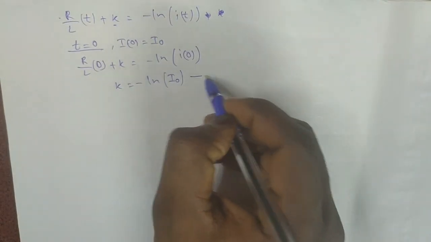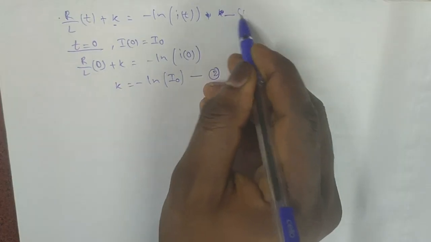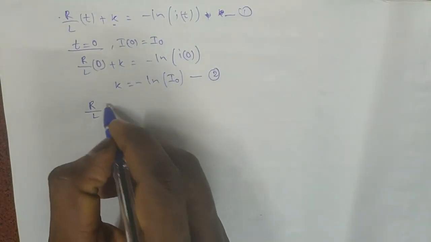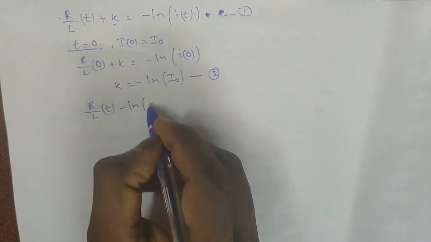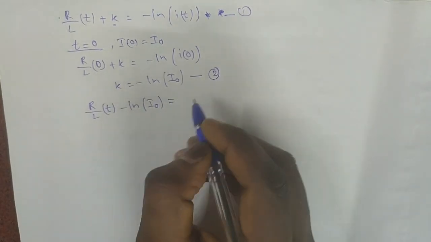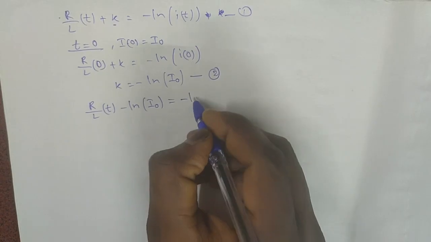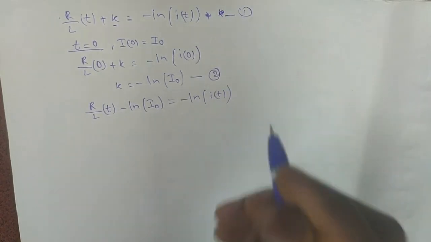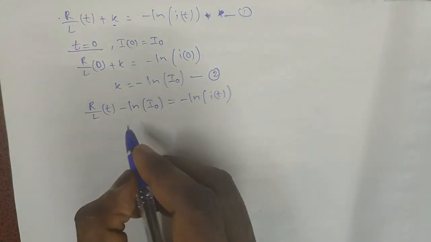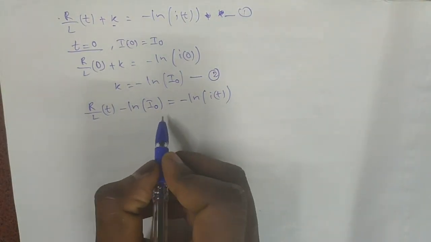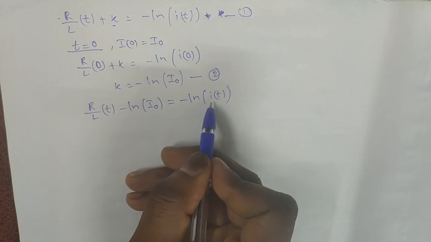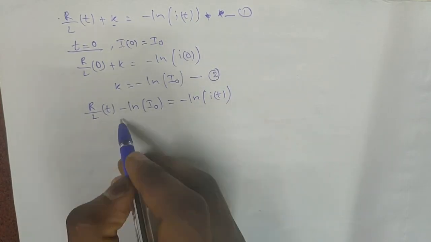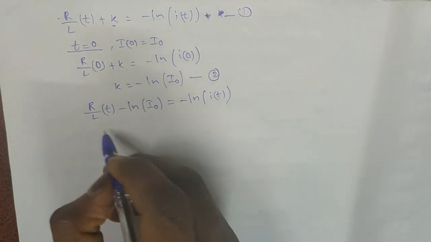Considering this as equation 2 and this as equation 1, putting the k value inside, R by L of t minus ln of I naught is equal to minus ln of i of t. So we are putting the i of t term on the left side and the remaining terms on the other side.